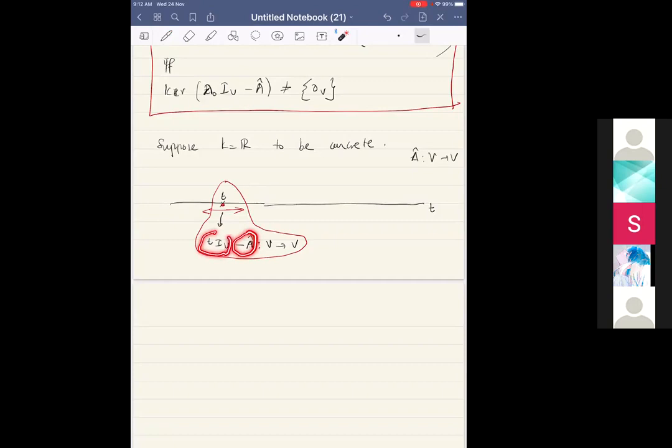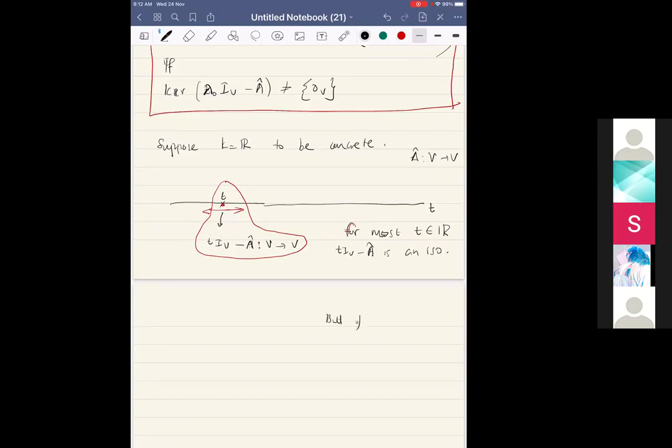So as I slide this point along the real line, the linear map changes like this. Then for most t in R, tI_V minus Â is an isomorphism, a bijection.